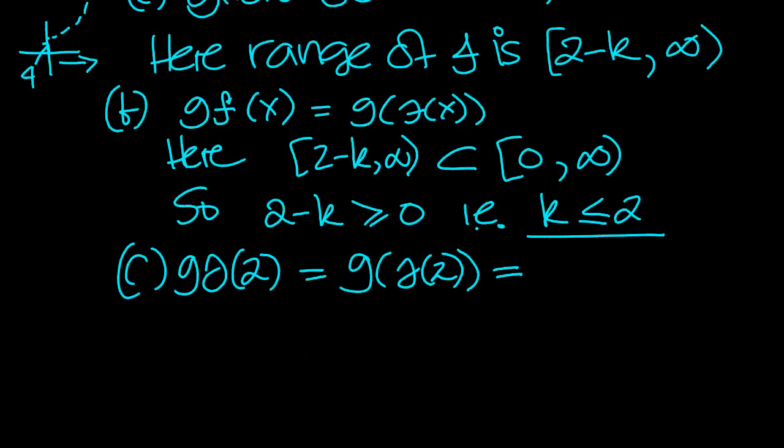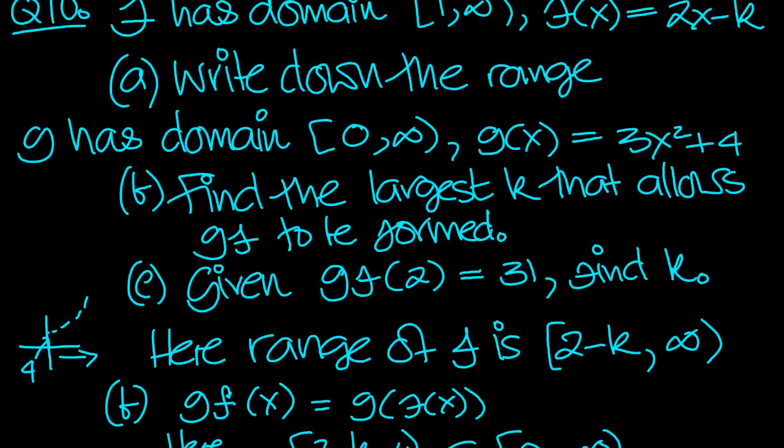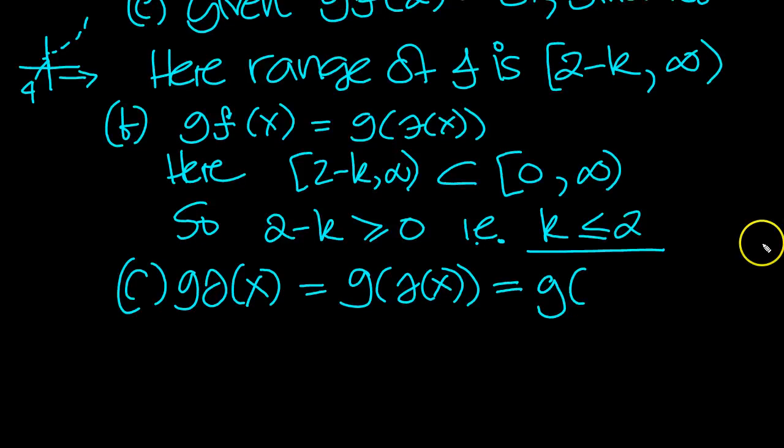It's 2x minus k. So I'm going to write x for the moment and work out the composite function explicitly. So g of f of x, which is g of 2x minus k, if we remember. There it is there. So put that in here.